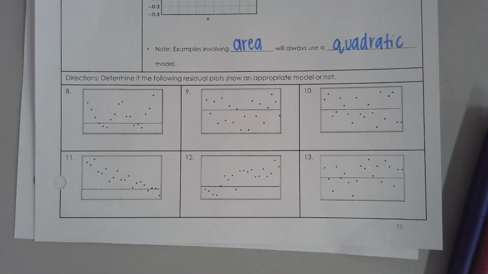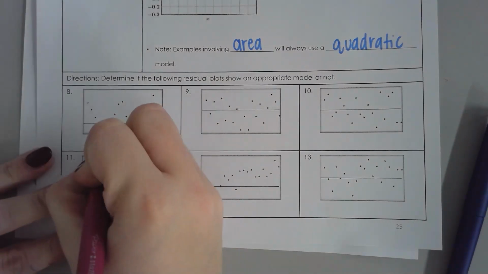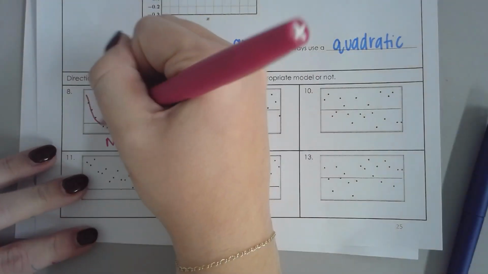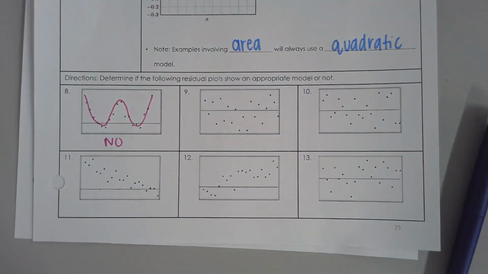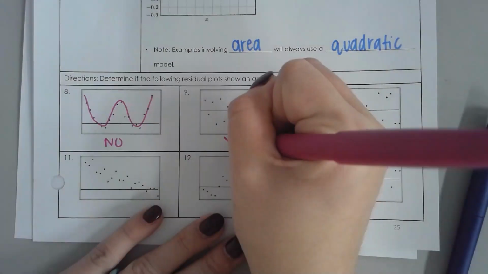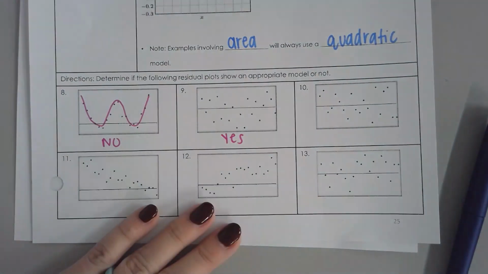So determine if the following residual plots show an appropriate model or not. We're just going to put yes or no, appropriate or not appropriate. Number 8, what was your first instinct? No. It follows a pattern right there. What about number 9? I would say yes. They're pretty spaced out.